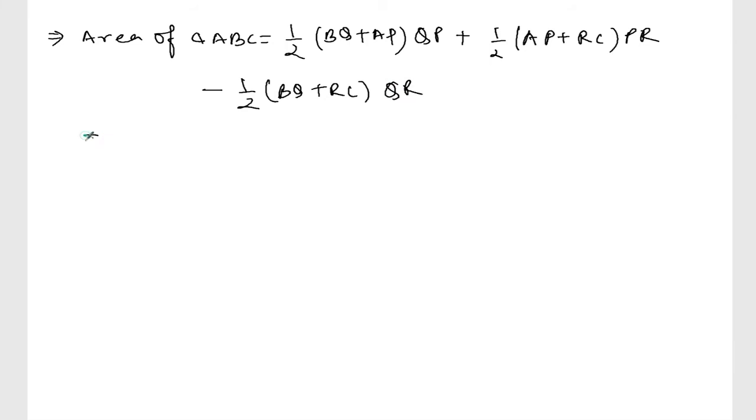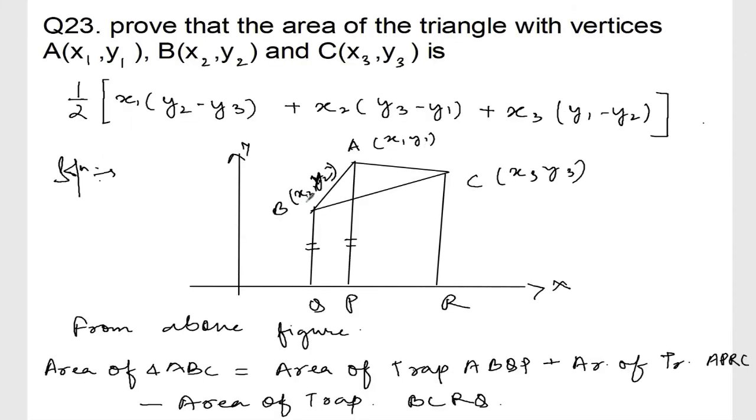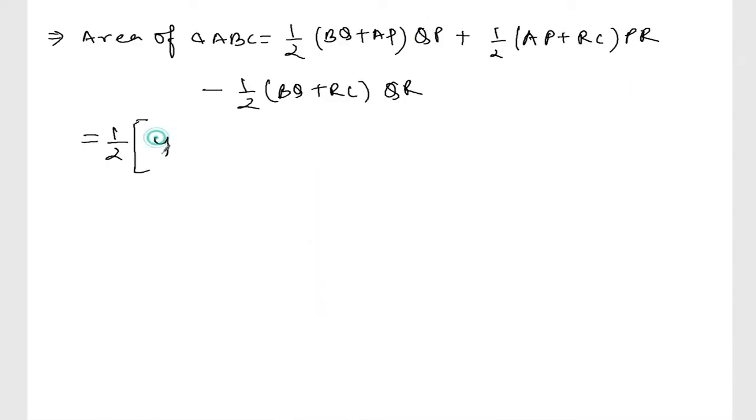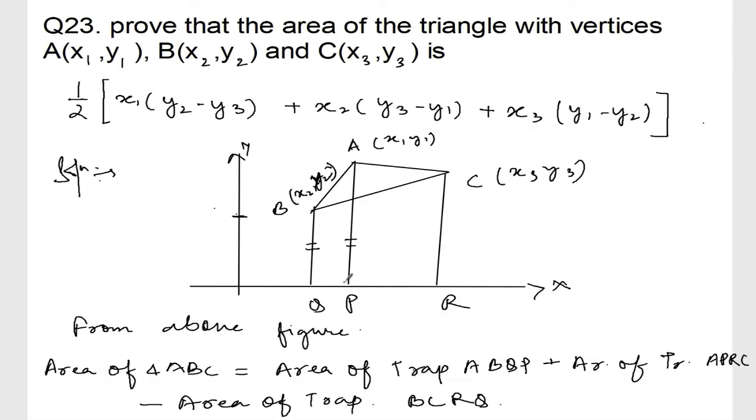If we take half common, it will be BQ plus AP. What is BQ here? BQ, this much, is y2 on the y-axis, so it is y2 plus AP. What is AP? AP is y1.